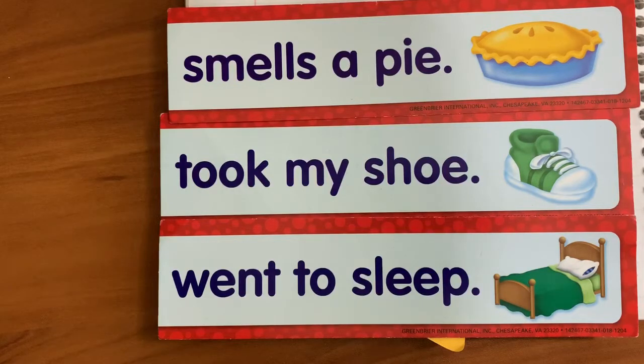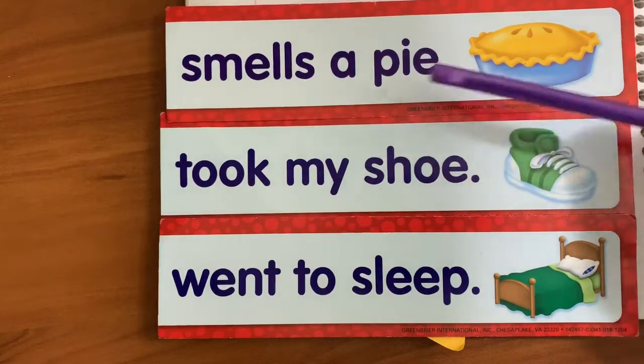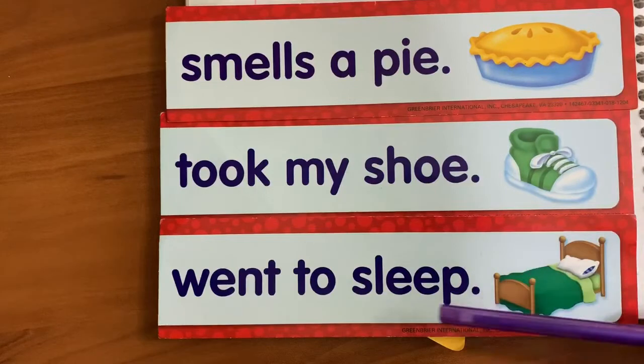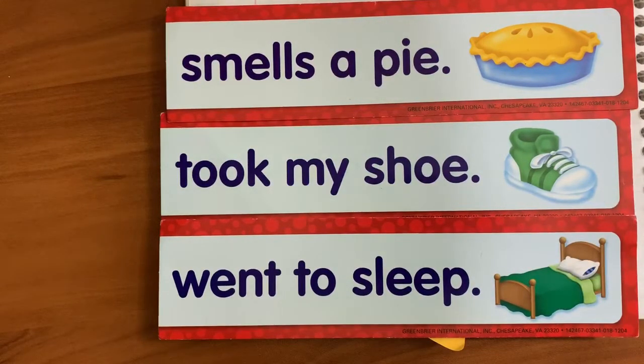There's a person, place, or thing in each of them, and the picture helps. The picture tells us what the noun is. The pie, the shoe, and I guess this one is not bed, that one is sleep. So that one is not the noun, went to sleep.